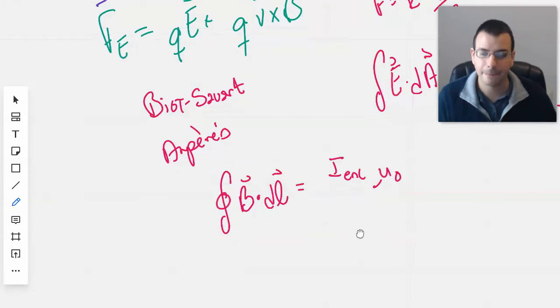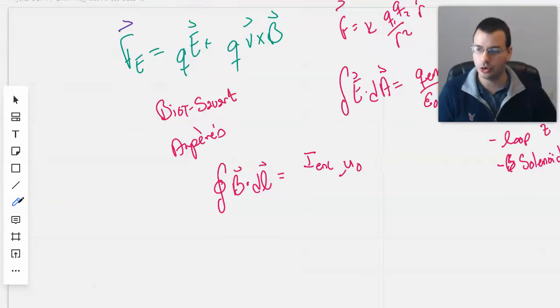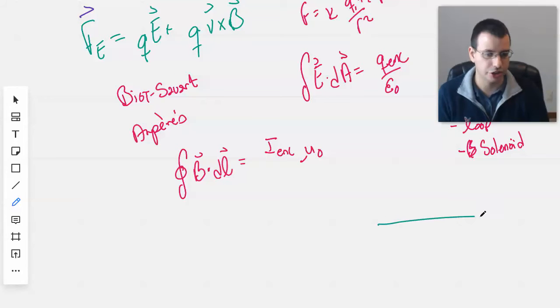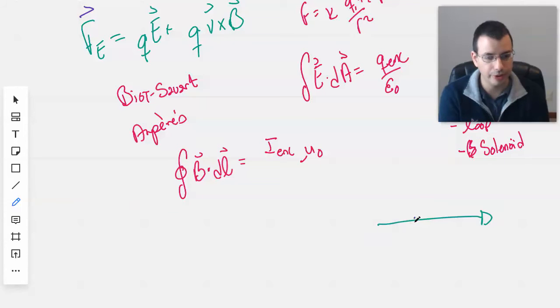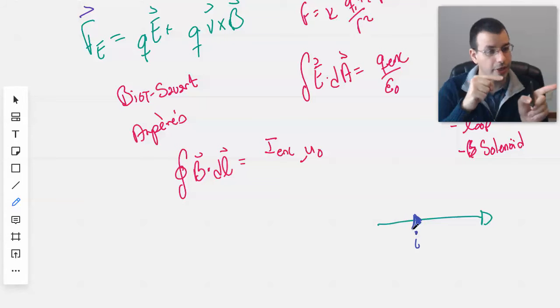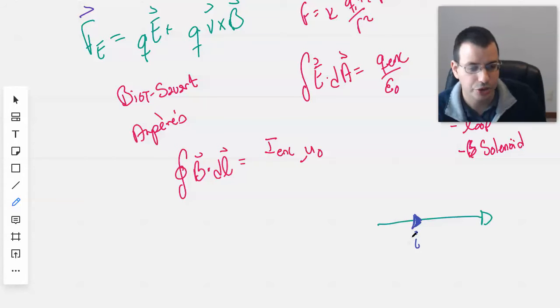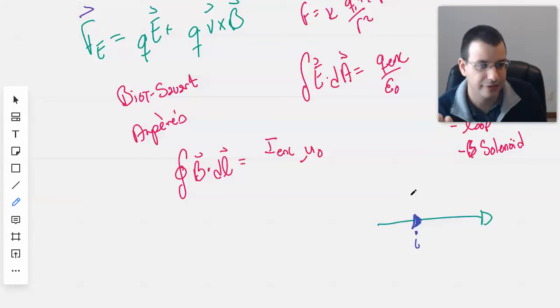Okay, so what we're going to do then is we have a straight line of wire, like so, and there is a current running through this wire, going in that direction. And what's going to happen is it's going to generate a magnetic field.